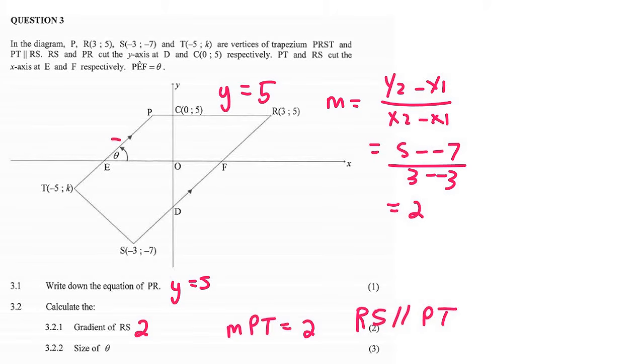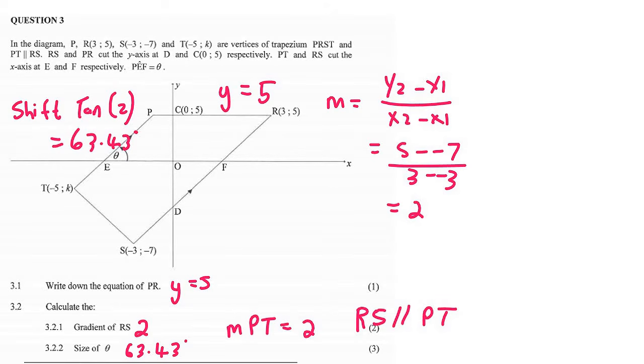So we can work out this angle by just using angle of inclination. So we can say on our calculator, shift tan of whatever the gradient of that line is, which is just 2. And that's going to give us 63.43 degrees. So I'm going to fill that in, 63.43 degrees.